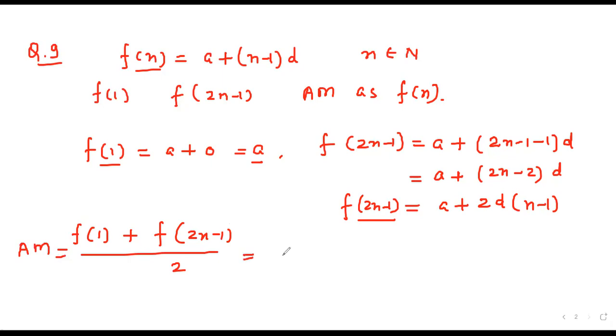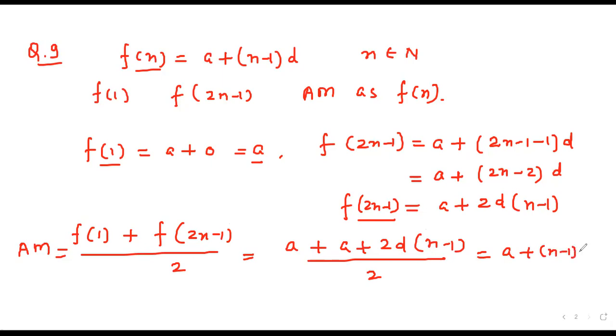So let's put the values: (a + a + 2d(n - 1))/2. So this will give a + (n - 1)d. Clearly, f(n) is the same as this result. So we can say the arithmetic mean between f(1) and f(2n - 1) is f(n). Thank you.